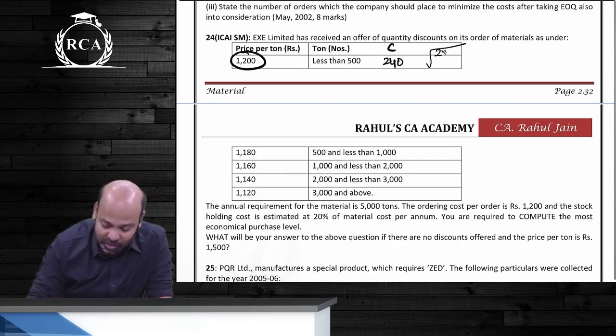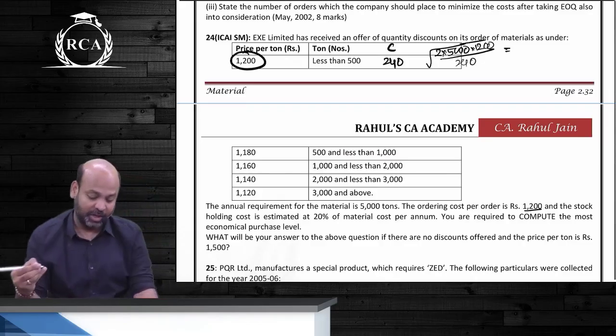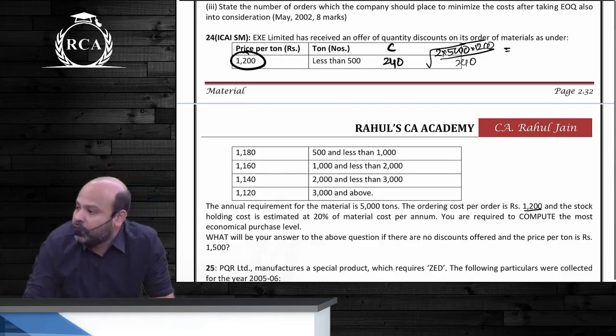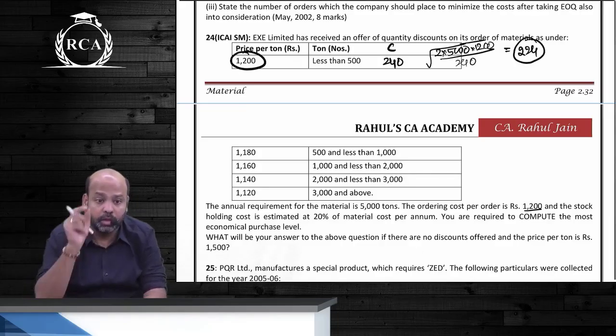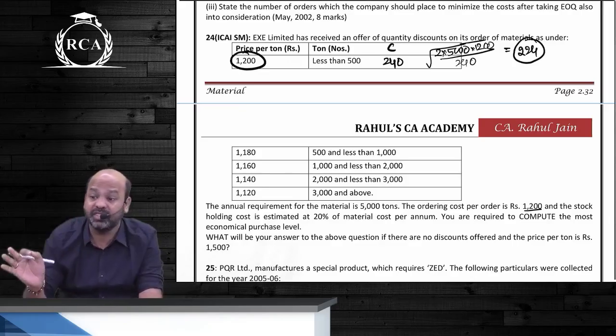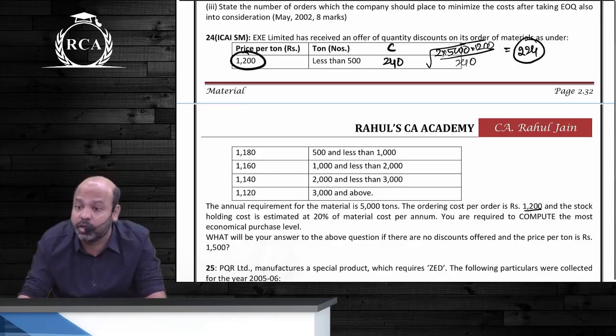Root over 2 times 5000 into ordering cost 1200, guys, divided by 240. How much will be the EOQ? Approximately 224. The least amount of cost in the first range is going to occur at a quantity of 224 tons.